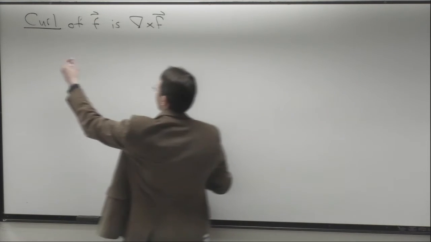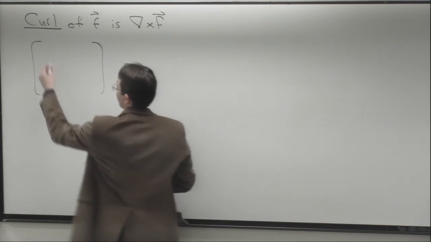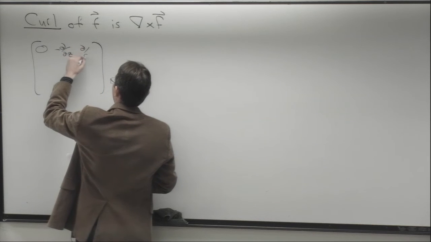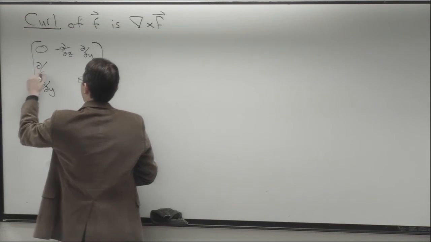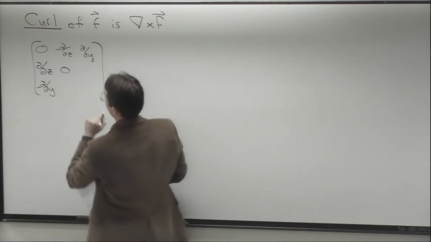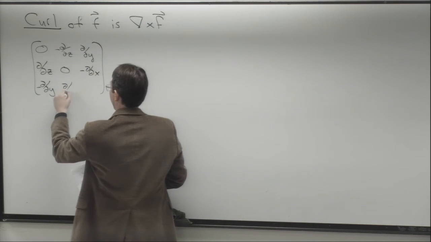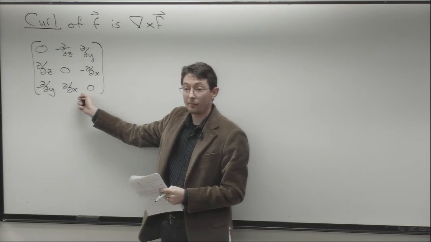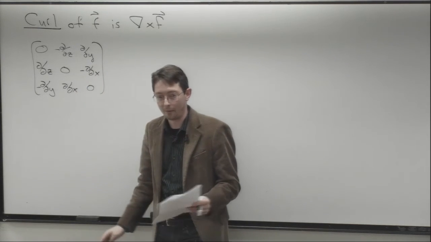So we could write this as: 0, minus partial z, partial y; partial z, 0, minus partial x; minus partial y, partial x, 0. This is del cross. I might have messed up the negative signs.